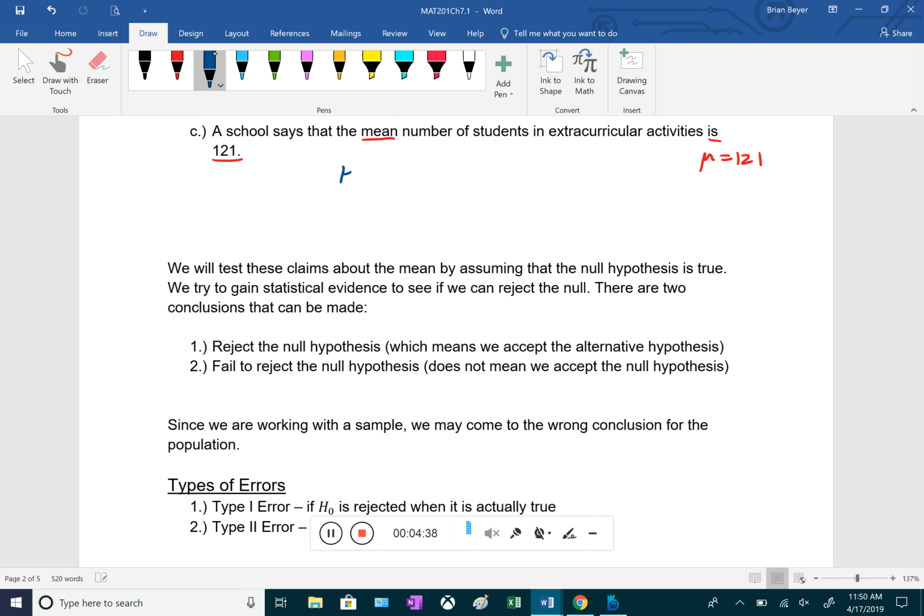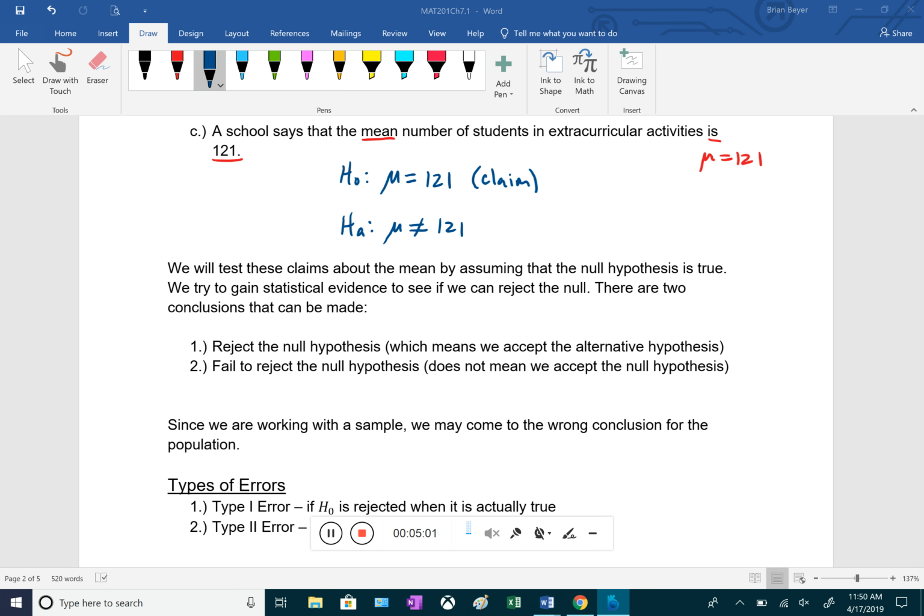So this time the claim is the null. The null is mu equals 121. We knew that was the null because there was equality. If that is the null, then the alternative is the opposite, which is mu is not equal to 121.